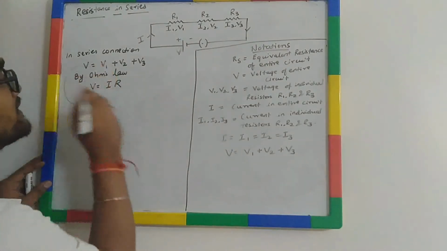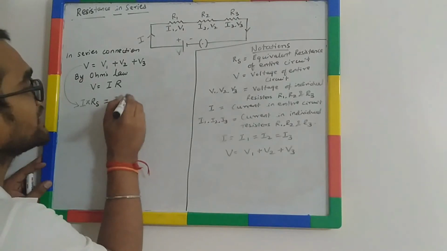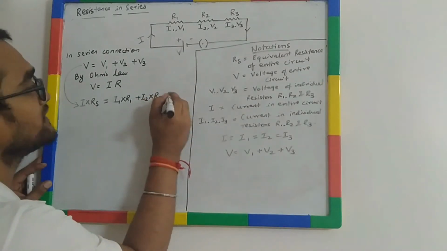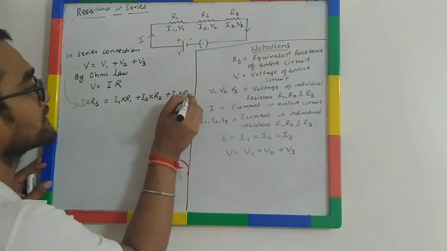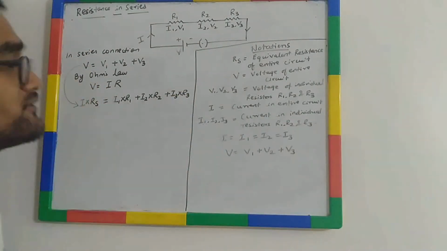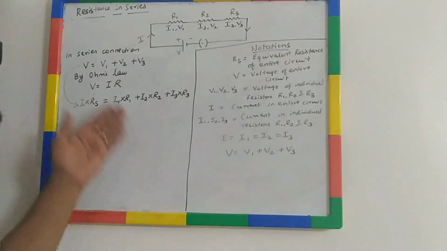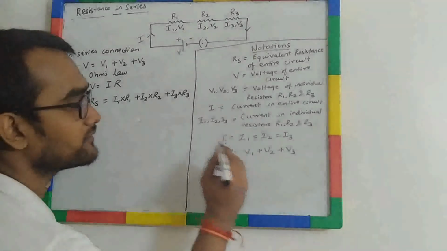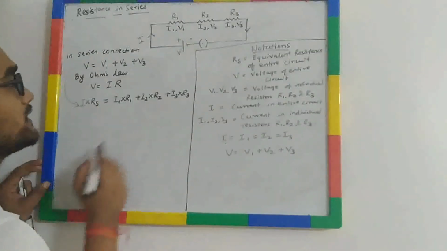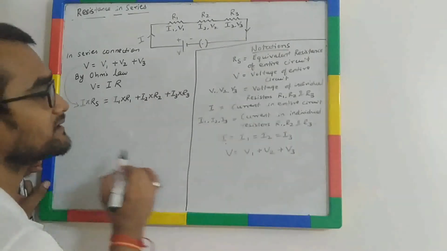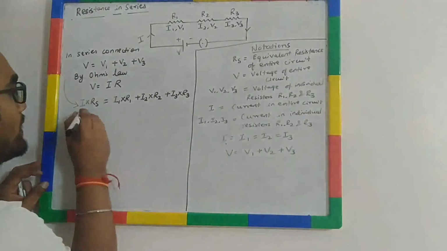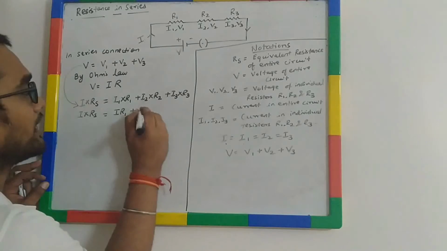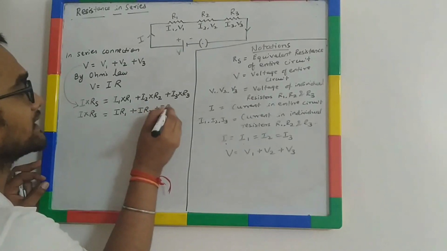Similarly, V1 can be written as I1 into R1, V2 can be written as I2 into R2 and V3 can be written as I3 into R3. I have inserted the respective values of current and resistance of the individual resistors. Now, I = I1 = I2 = I3, so in place of I1, I2 and I3, I can insert the value I. So now I into RS is equal to IR1 + IR2 + IR3.